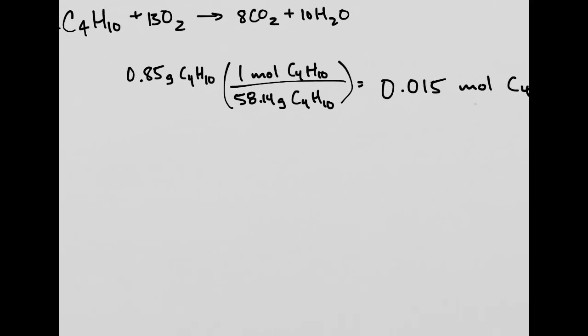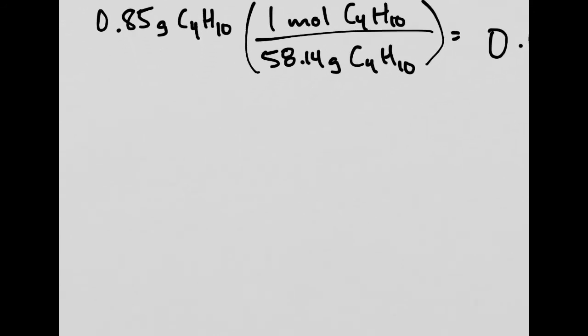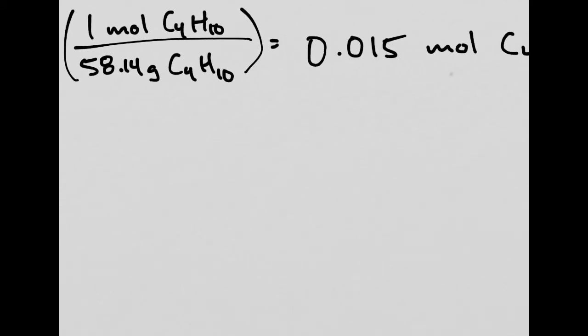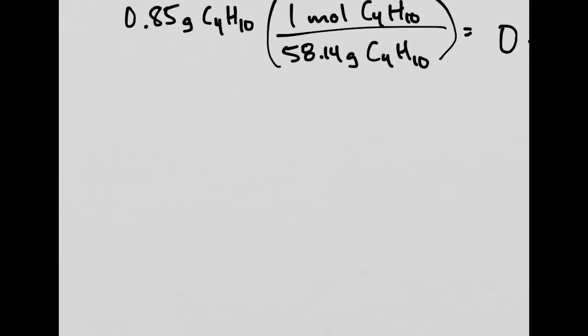That's a really important thing because we're going to use it in our next conversion using the ratios. So we're going to take what we just calculated, the 0.015, the number of moles of our butane.